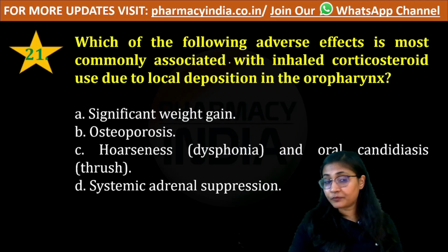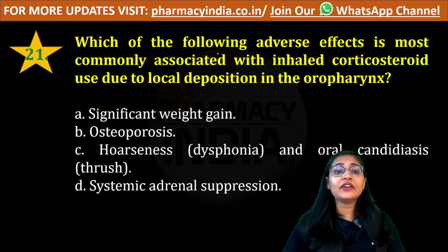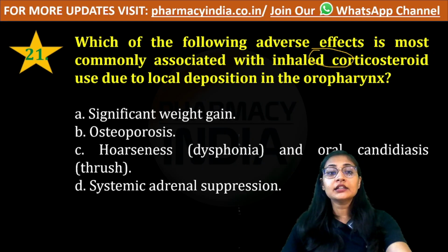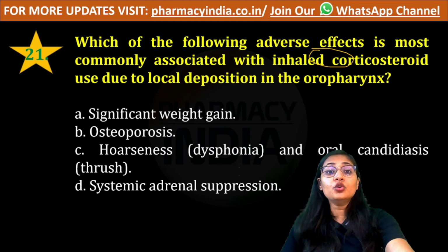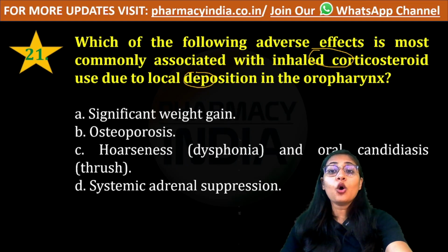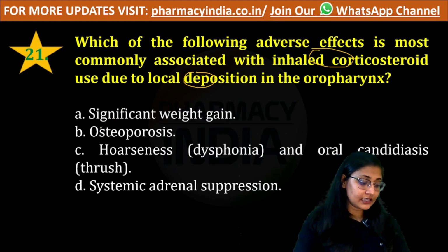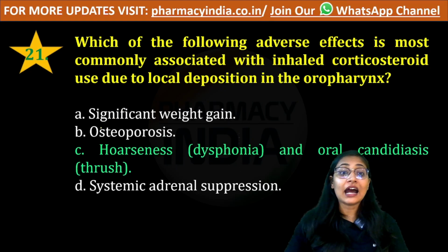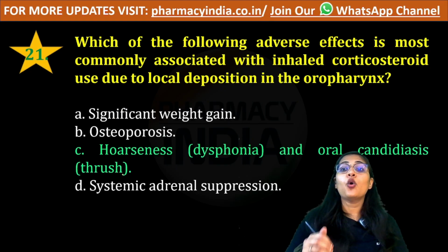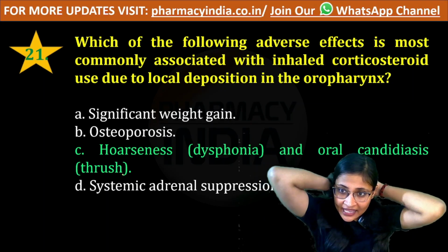Question number 21. Which of the following adverse effects is most commonly associated with inhaled corticosteroid use due to local deposition in the oropharynx? So the correct answer is option number C, that is hoarseness and oral candidiasis.